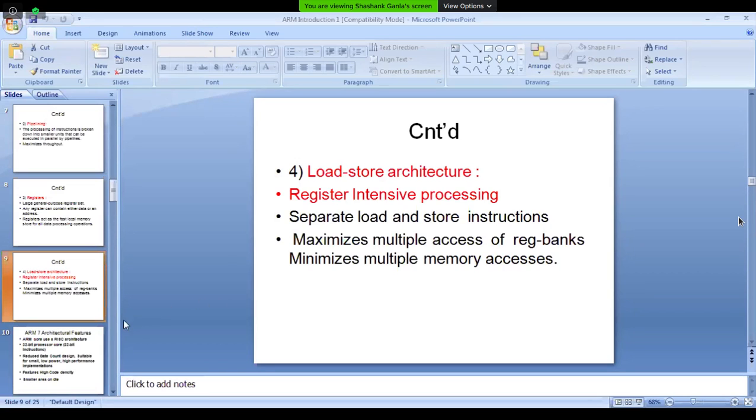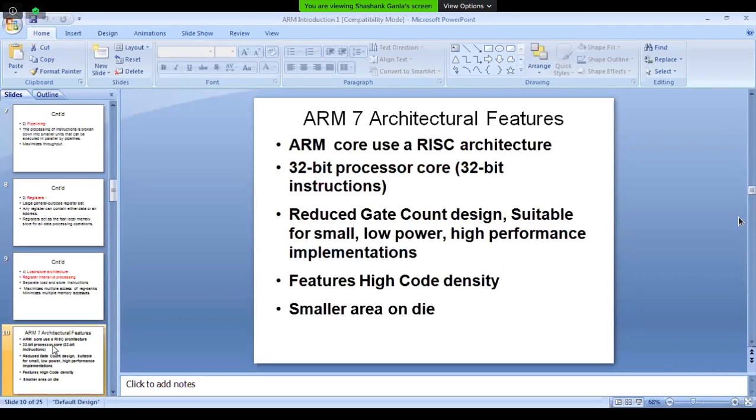So the next slide is talking about the ARM7 architectural features, which we will be discussing, but not today. We'll continue tomorrow. Now it's almost 11:36, so we'll have a 20 minute break. Rounding up to 11:40, from 11:40 till, let us say, 12 is your break.